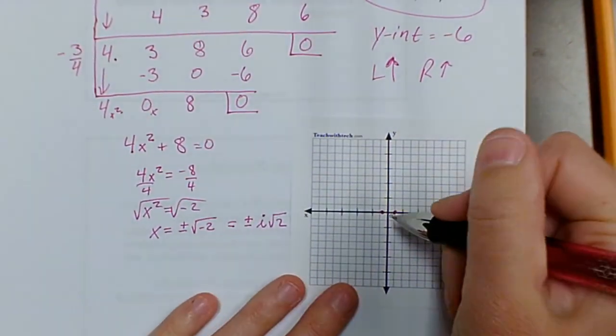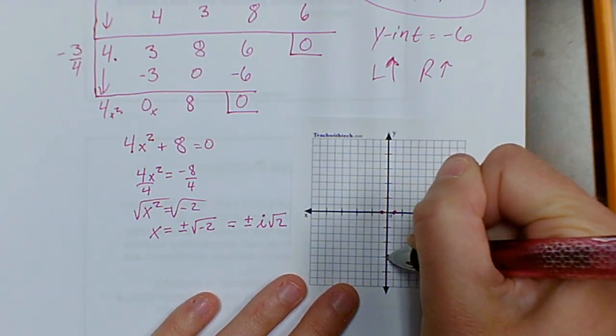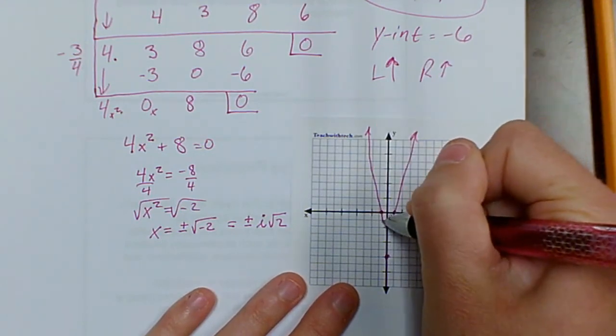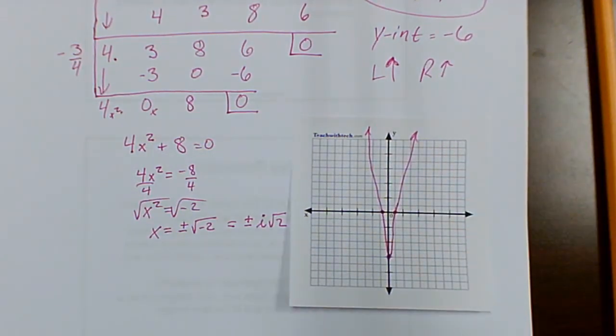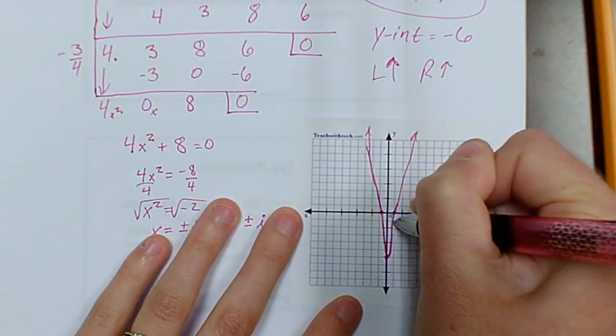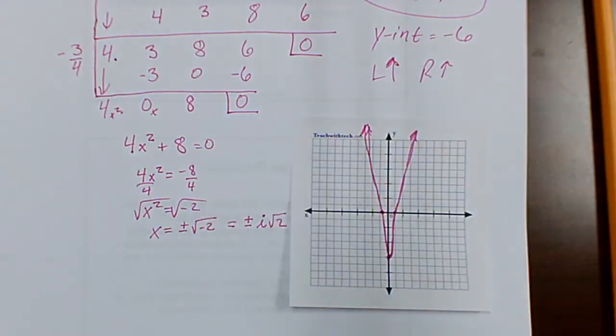Then we have -6 on the y, 1, 2, 3, 4, 5, 6. Our right's going to go up, our left's going to go up, and since our other values were imaginary, this is actually going to look like a quadratic graph. Okay? And that will conclude this video.